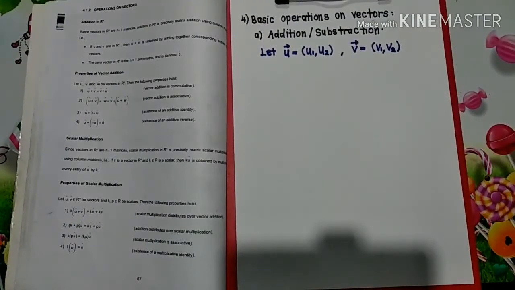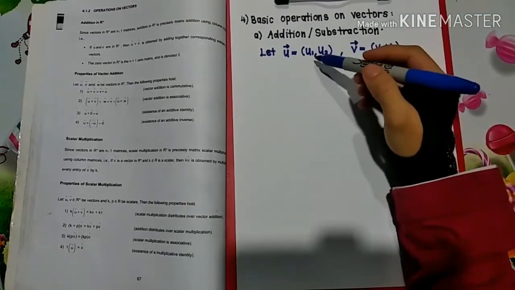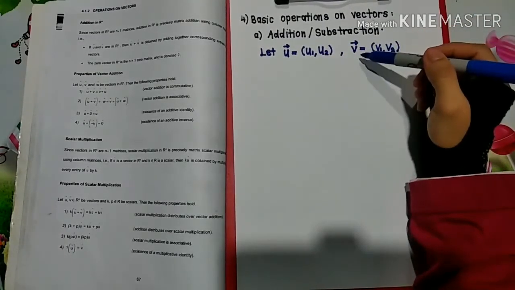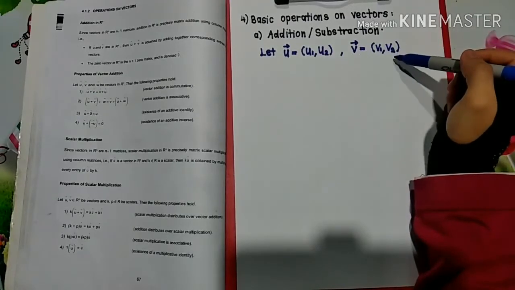Next, basic operations on vectors. We have 2 basic operations. The first one is addition or subtraction. For example, you have vector U, U1, U2, and vector V, V1, V2.